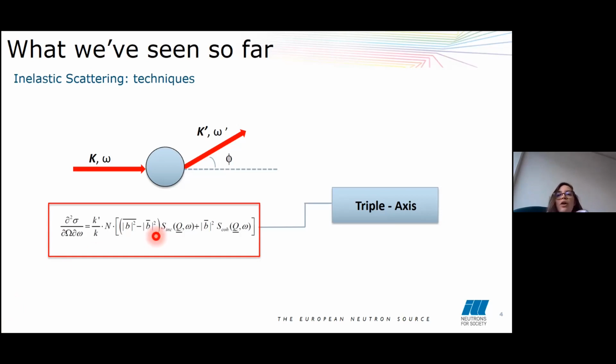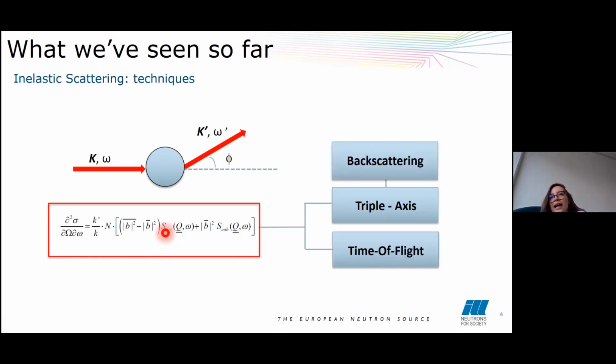And this kind of neutron spectrometer is called time of flight. A special case of triple axis is the high resolution backscattering. And a special case of the time of flight spectrometer is a neutron spin echo. And of course, there are also combinations between them.